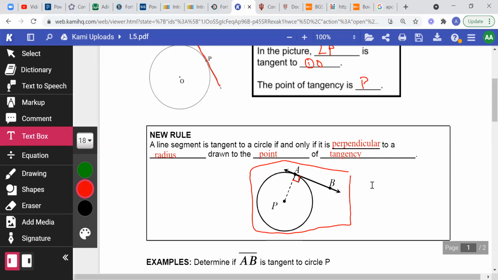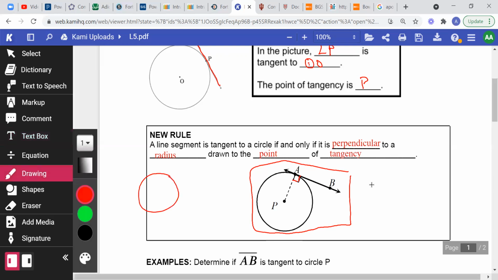So if you have a circle and this green line is the tangent line, then the radius drawn to the point of tangency is going to be perpendicular to the green line. So this angle will be 90 degrees.